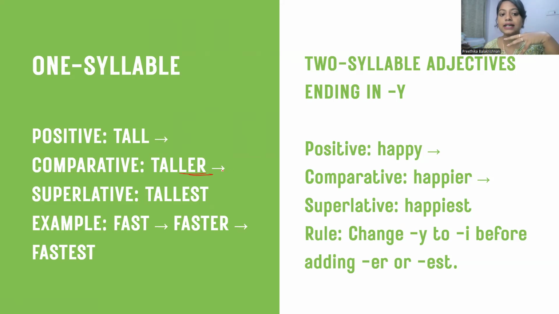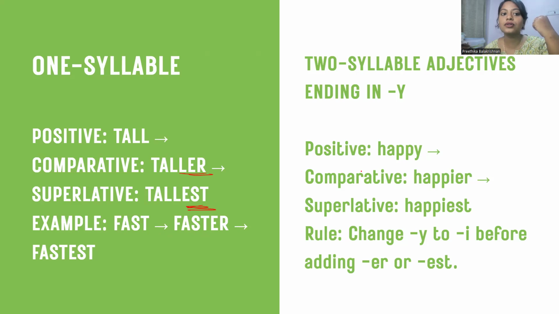So it has the sound of a vowel. Okay, at the end there is a vowel sound. Tallest has the vowel sound at the end of the word. So the examples together: tall, fast, faster, fastest. So all these end with one syllable.